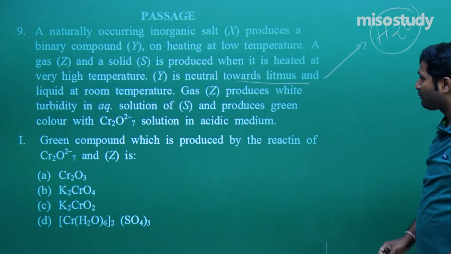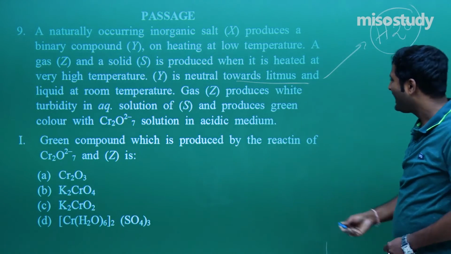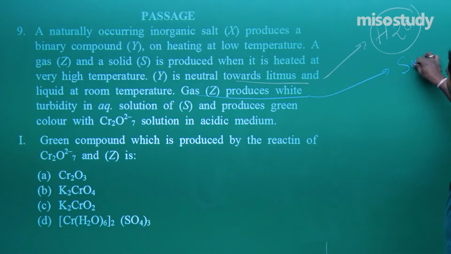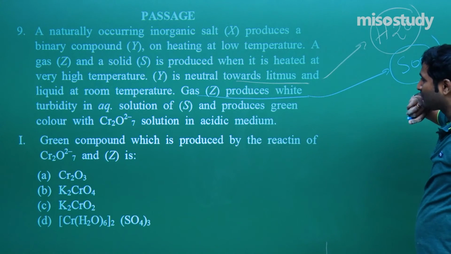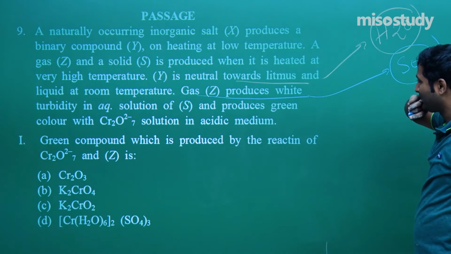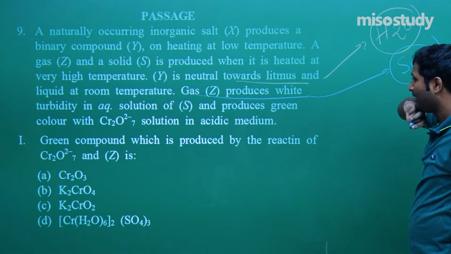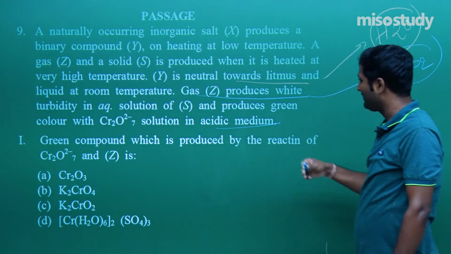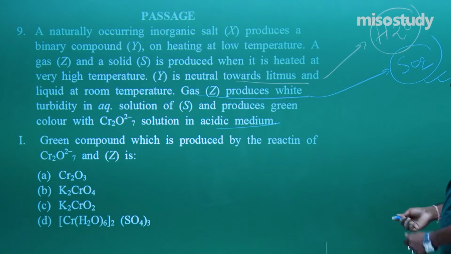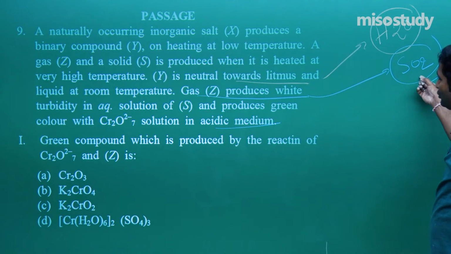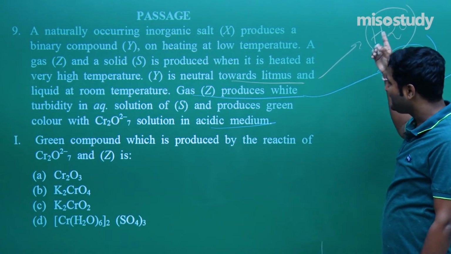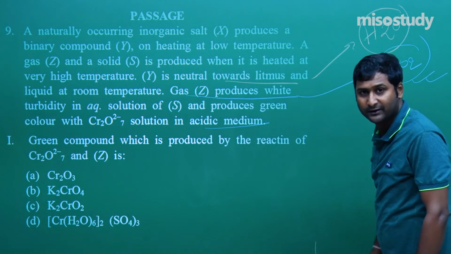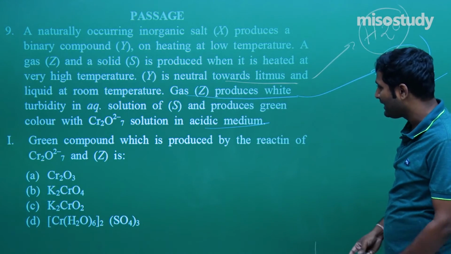Gas Z produces white turbidity in aqueous solution, and produces green color of Cr2O7 2- solution in acidic medium. Definitely the gas is SO2. So if Z is SO2 and Y is H2O, then definitely the compound is a sulfate. And which sulfate is given here?